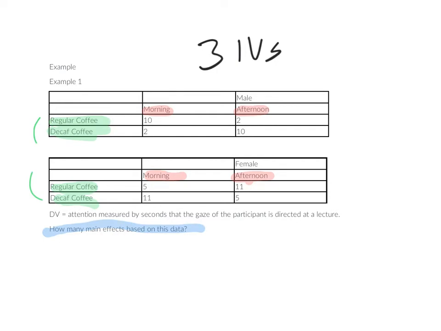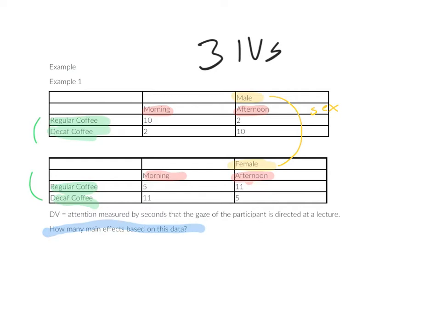And the third IV, let me change highlighter color, is here. So the third IV is sex of the participant, right? So the weird thing, not the weird thing, but the only way we can display designs that have 3 IVs is by using 2 tables like this, or sometimes they'll be side by side.